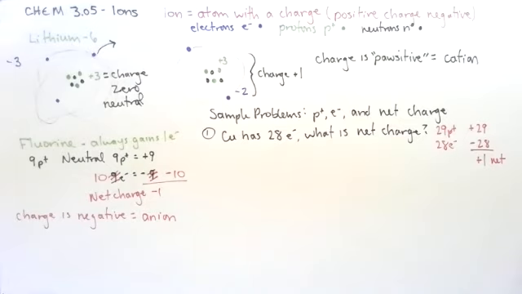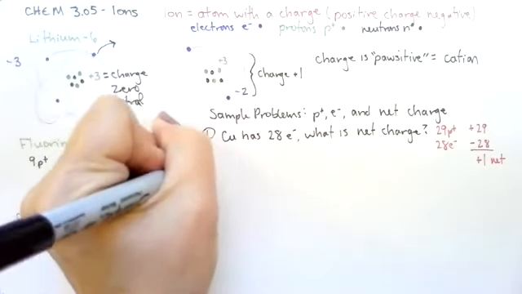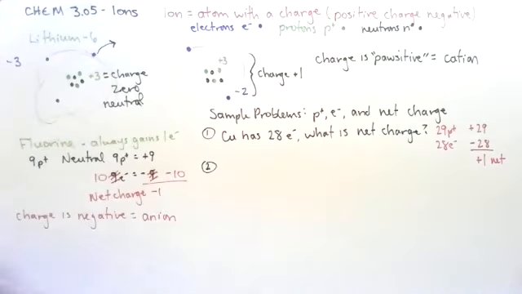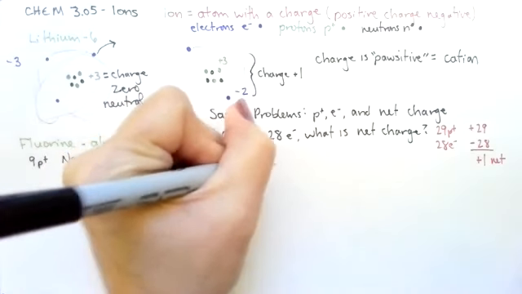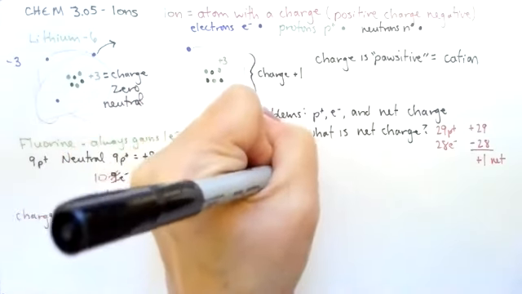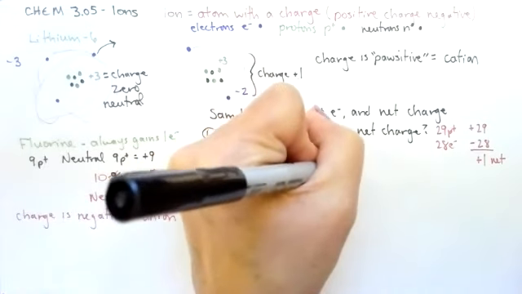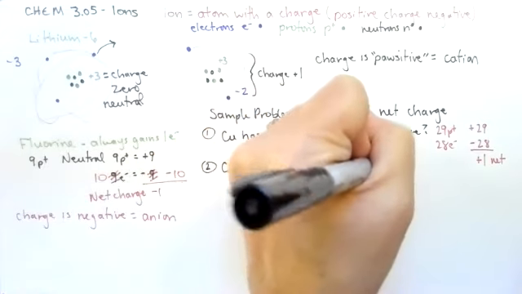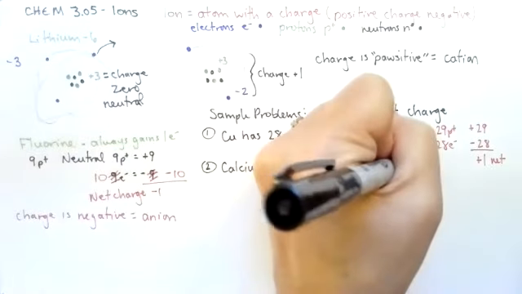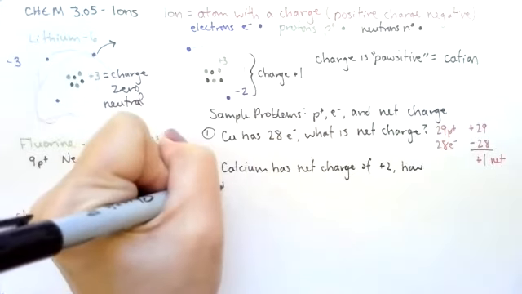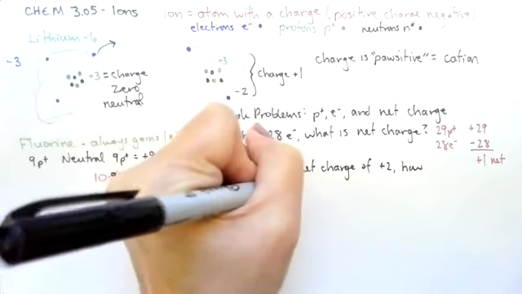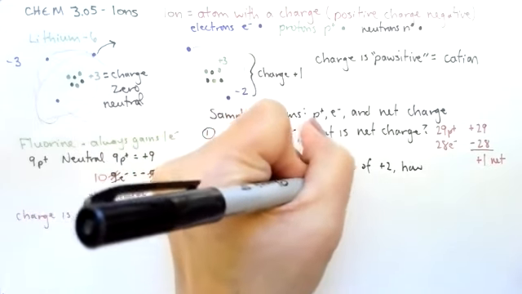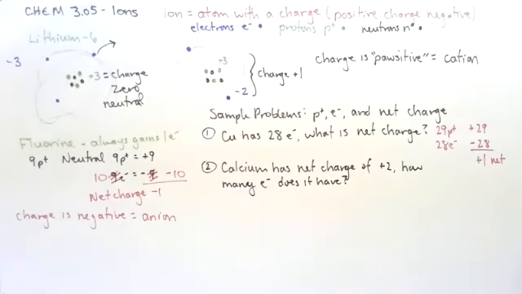All right, let's do question number 2. Calcium has a net charge of +2. How many electrons does it have?